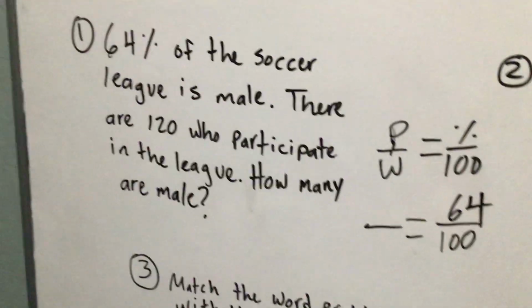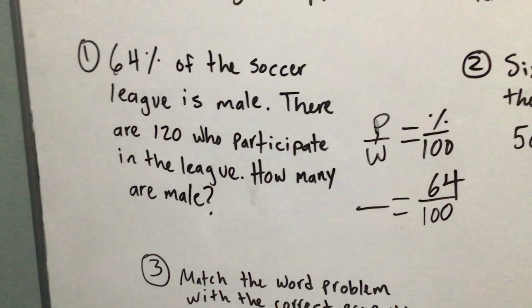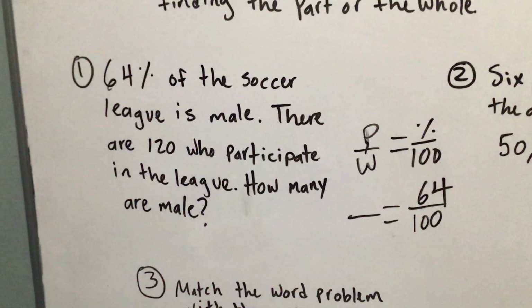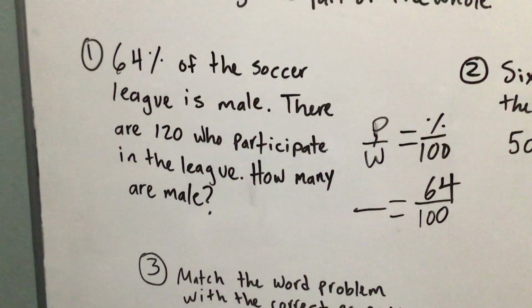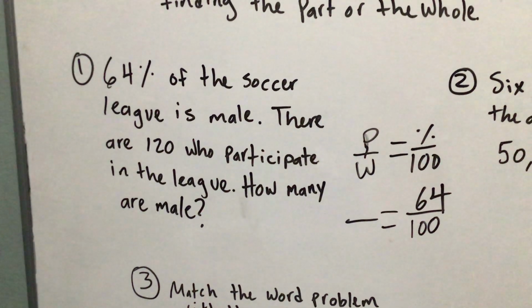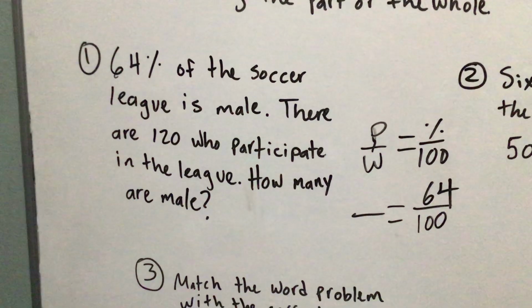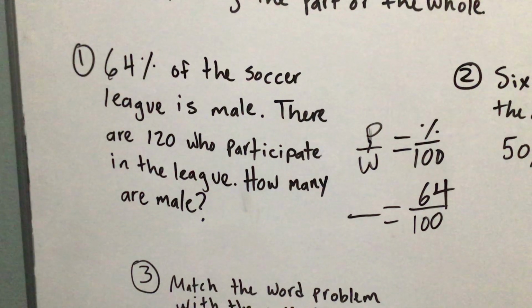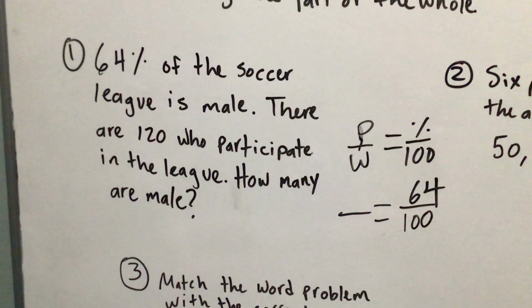Now we have to see if that 120 represents the part or it represents the whole thing. Well, let's read the question again to make sense of it. 64% of the soccer league is male, meaning that not the entire league represents male. There are some female as well. So there are 120 who participate in the league. How many of those 120 are male?